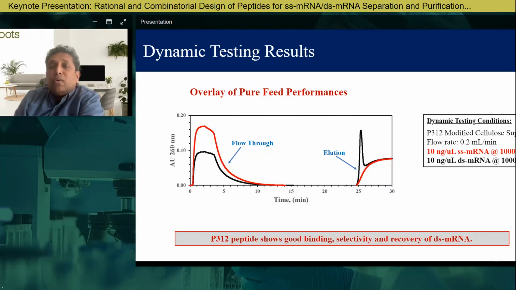And what's interesting to note here is that if you look at the elution, you'll see that the red curve basically plateaus off. Any inflection that you see in the curve is just because of buffer changes, right? So you can think of that as being the baseline for the black curve. But the black curve, which is your double-stranded mRNA, shows a pretty high elution peak.